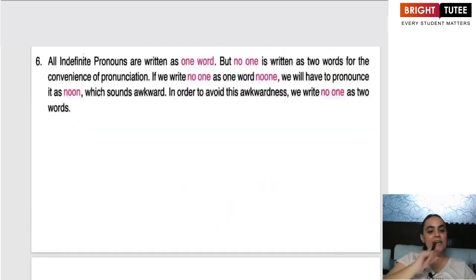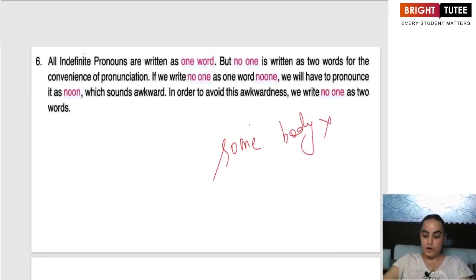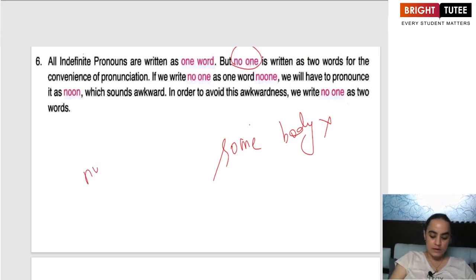Then the indefinite pronouns are always written as one word. I will never say some and body. No. This is one word, somebody. Everybody is one word. Everything is one word. The only exception is no one. No one is always written as two words. Why?